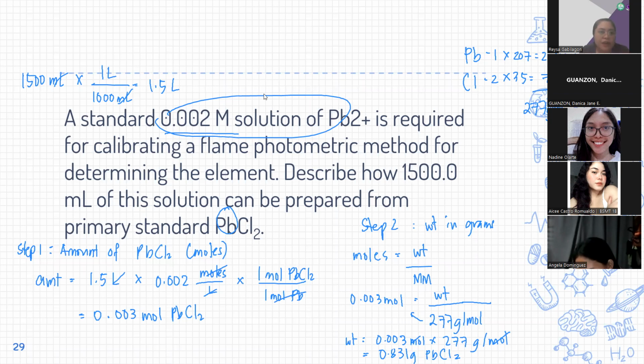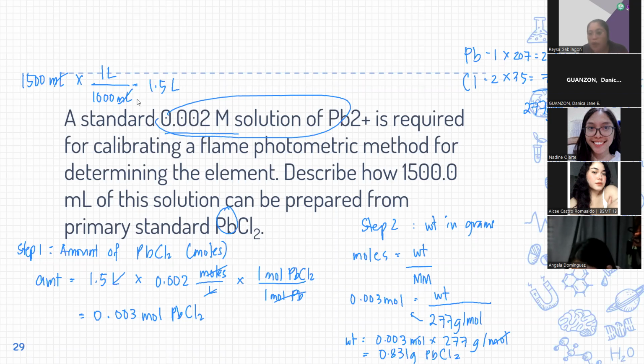So I think you got the correct answer, 0.831. Parang may nabali. Pero kindly check class the flow kung saan dyan yung na-miss ninyo in the computation. Okay? So itong 0.831 grams class ng lead chloride na ilalagay natin sa 1,500 ml, will be a representative.